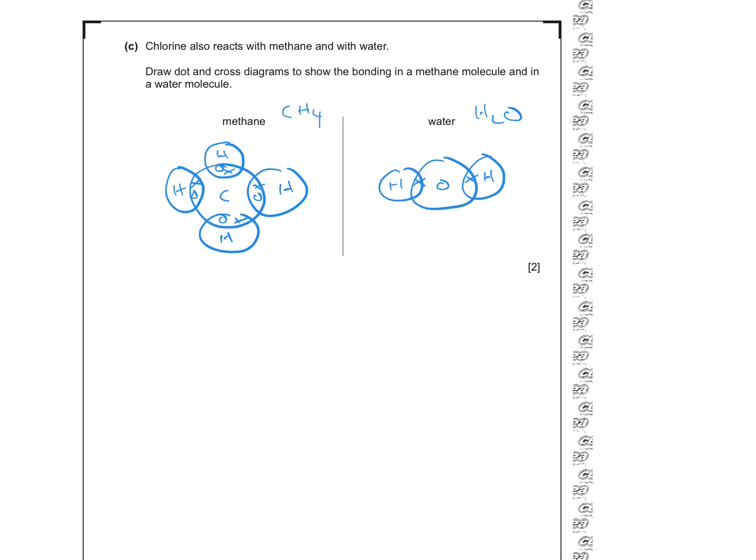So those electrons will pair up with an electron from each hydrogen. So that's 2 used up already. I said there were 6 in the outer shell, so 1, 2, 3, 4, 5, 6. And then each hydrogen has an electron. There's the bonding in water.